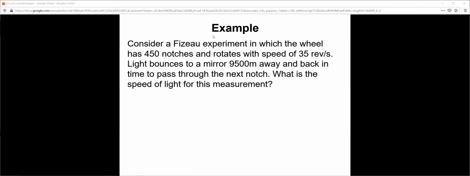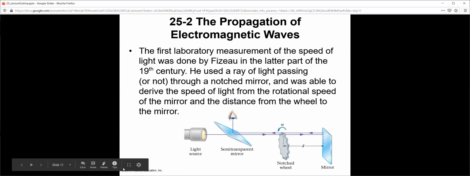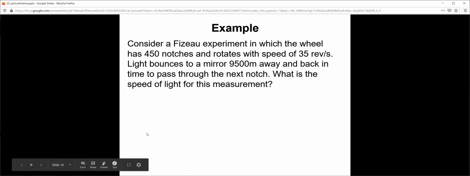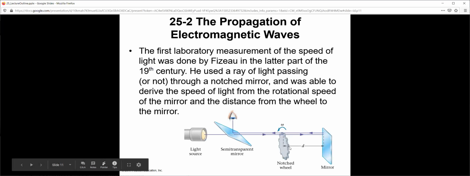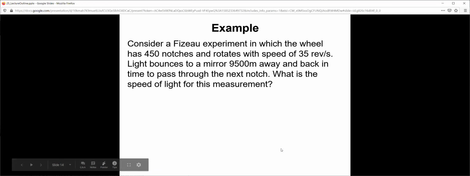You make this, step back real quick. You make this component. You create this experiment with a 450 notch wheel. So there are 450 of these little teeth in this wheel. You spin that wheel at 35 revolutions per second. So every second, that 450 notched wheel rotates 35 times.